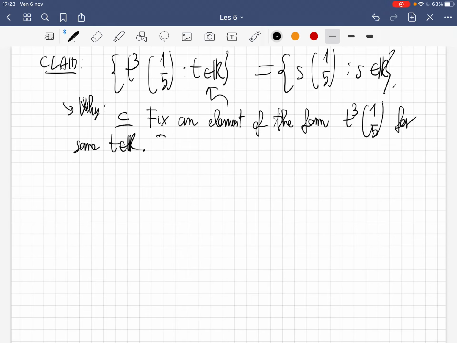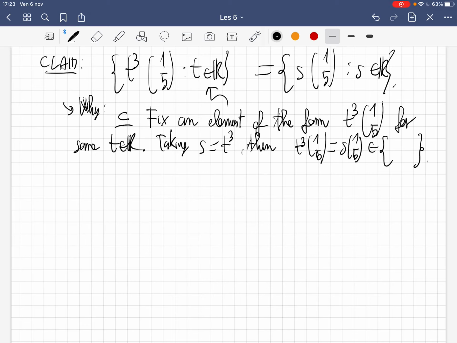Well, if you take s to be t cubed, then, we've run out of names, let me call this u, which lives in this, it is definitely of this form. The other one is going to be more difficult.